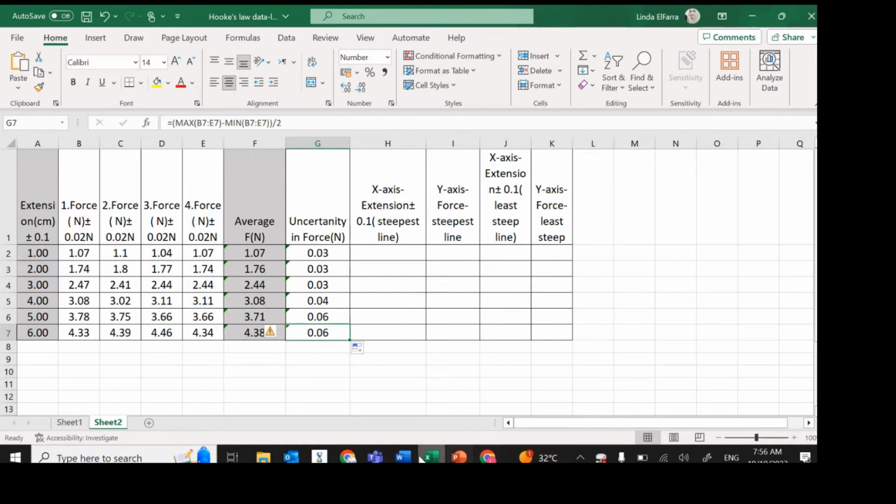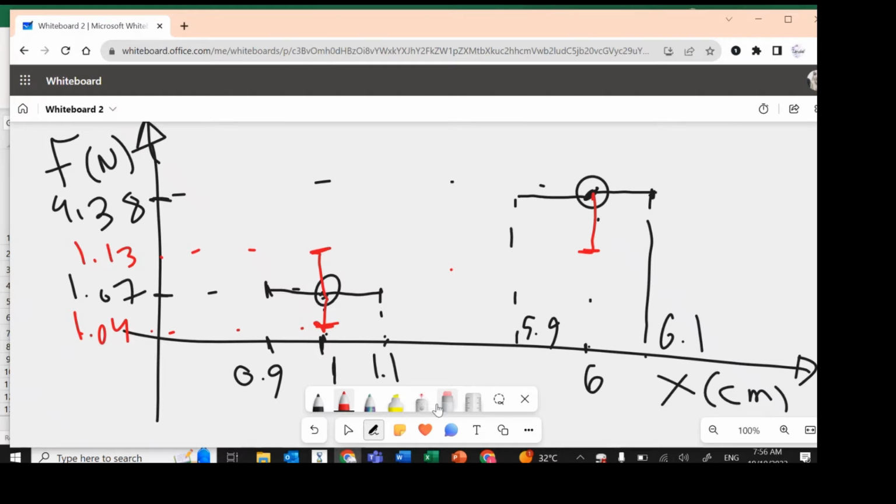Okay, so this value here will be 4.32. And if I go up 0.06, so 4.38 add 0.06, this value will be 4.44. And this is, let's write it here, 4.32.